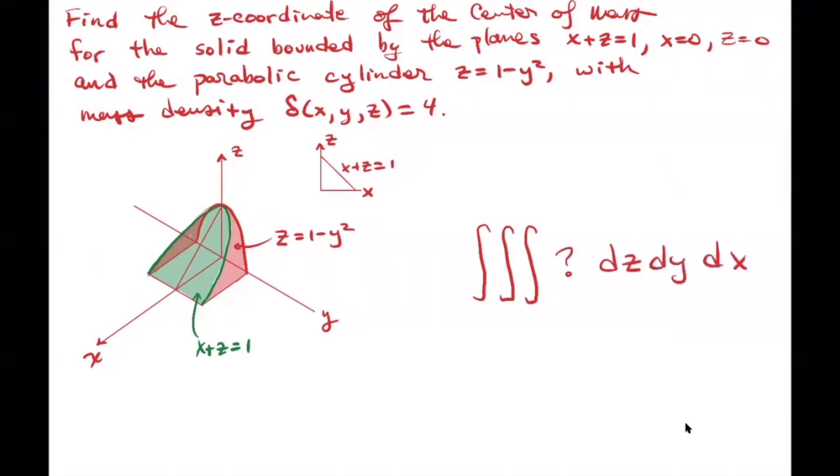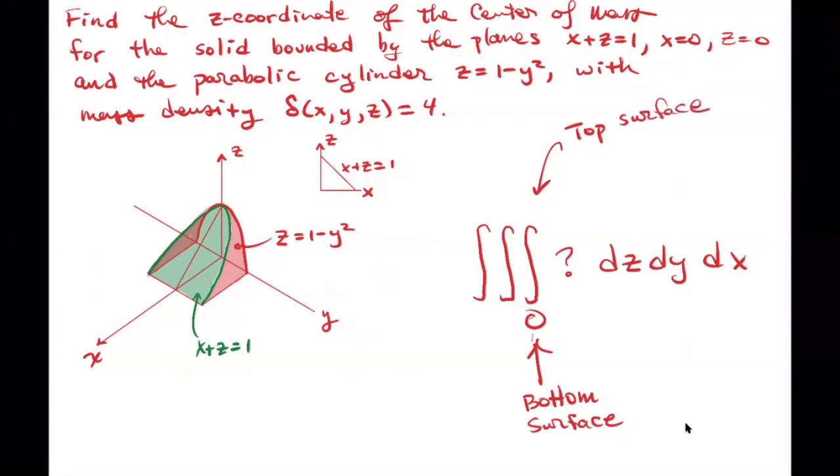This would be okay if I had a bottom surface for the lower limit, which I do. The bottom surface on z would just be 0. But then the top is no good, because the top is the green and the red surfaces.